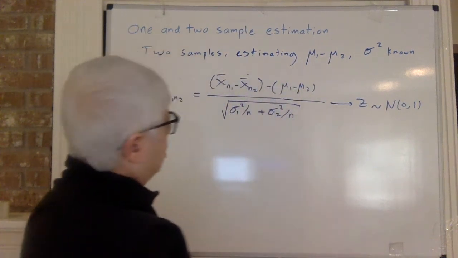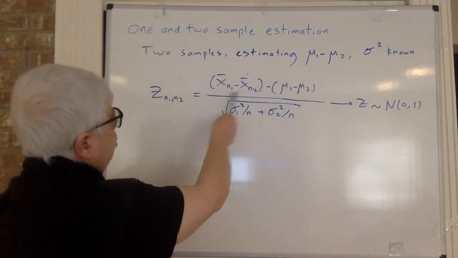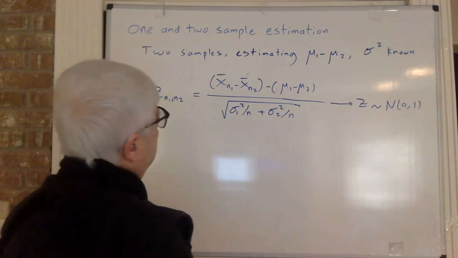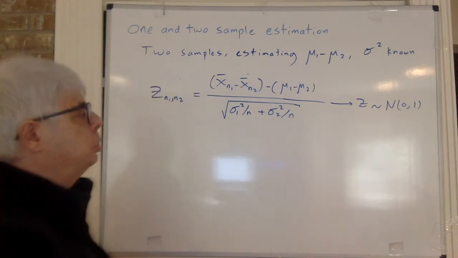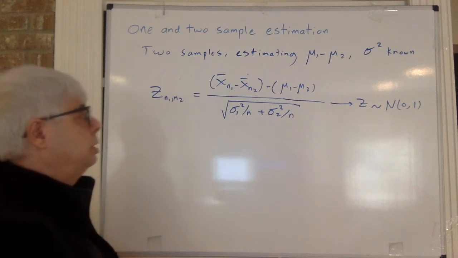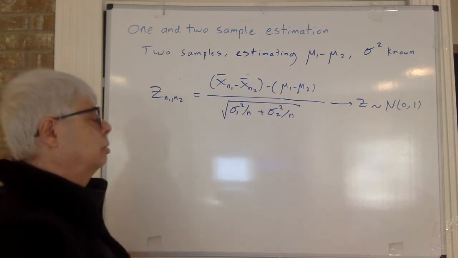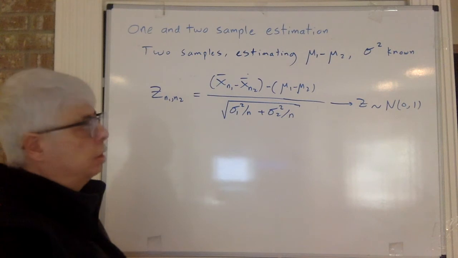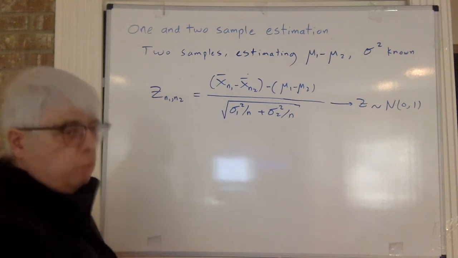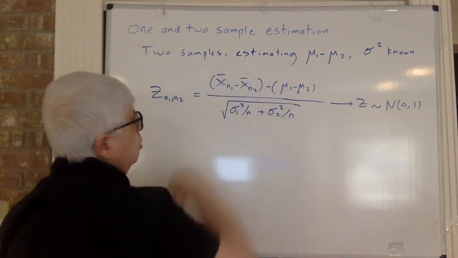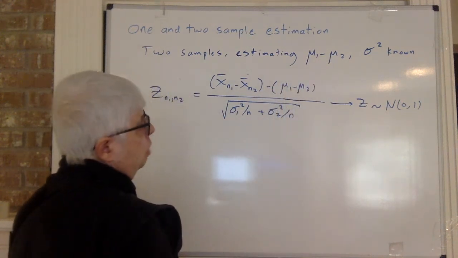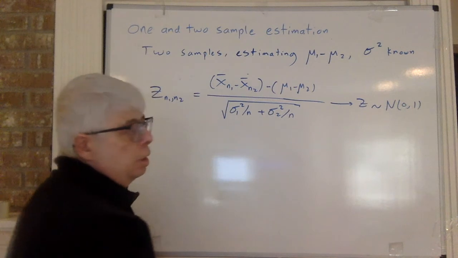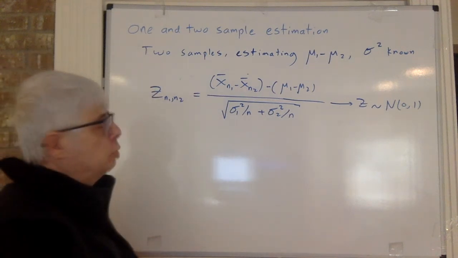In fact, what I found was that X bar N1 and X bar N2, both of them are normal, with mu1, mu2 as means, and when I subtract them, I get another random variable which is normal. Its mean is this, and this is its square root of variance.